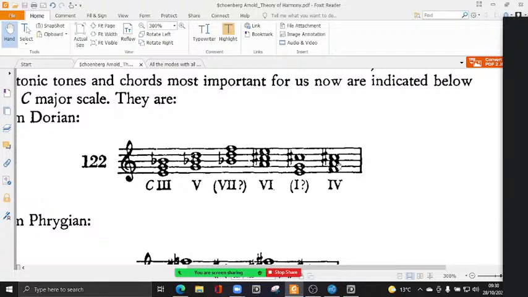And then finally, we have F augmented. We have the diminished, the minor fifth, the major sixth, and the F or the fourth, potential.